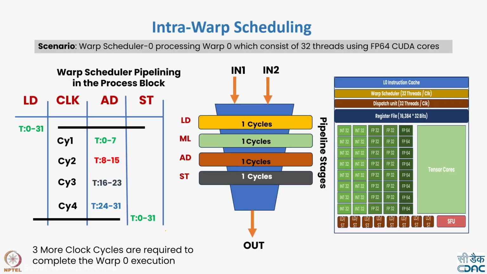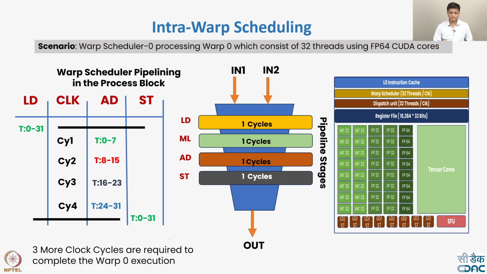Let us discuss the intra warp scheduling. This is another scenario. So far we have discussed warp level scheduling, when warps are scheduled on the resources with the help of the warp scheduler. Here also the warp scheduler comes into action, but we have to look at a more minute level.